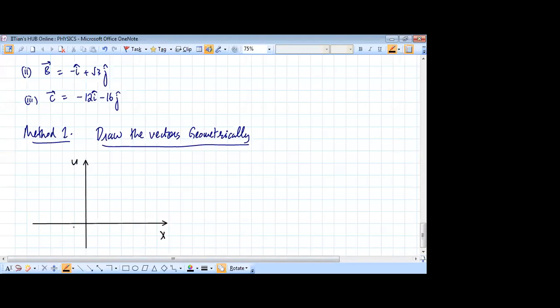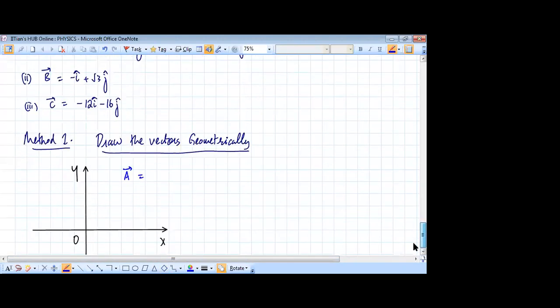For example, the vector E given to us as 2 root 3 i cap plus 2 j cap. If we draw the vector physically, it will look like this.